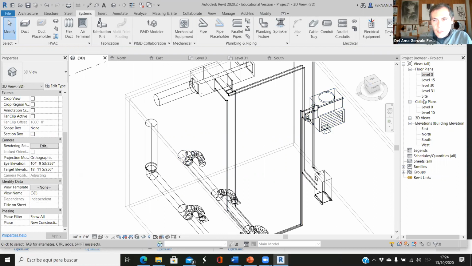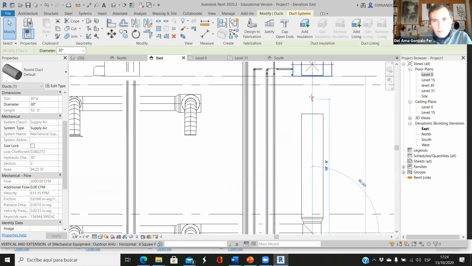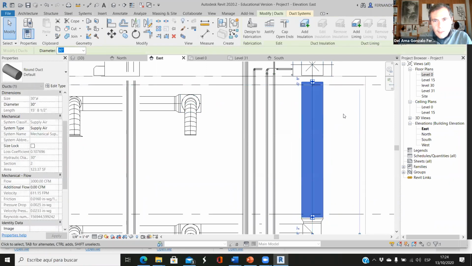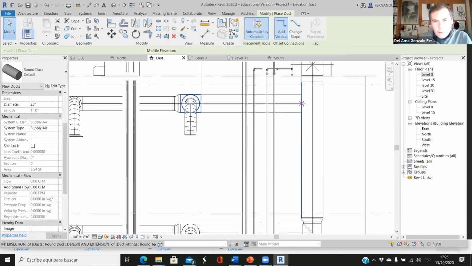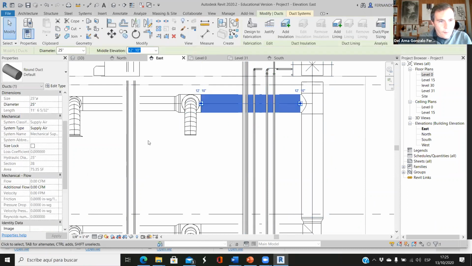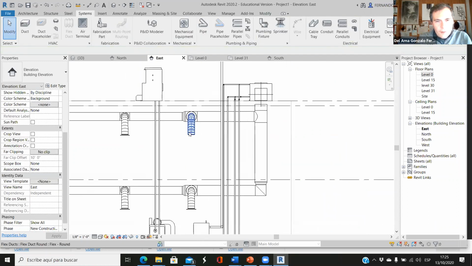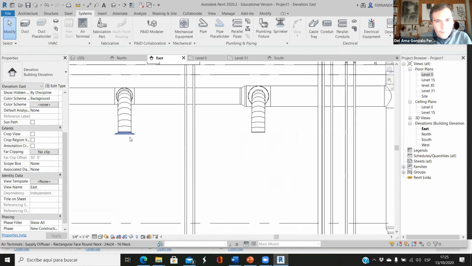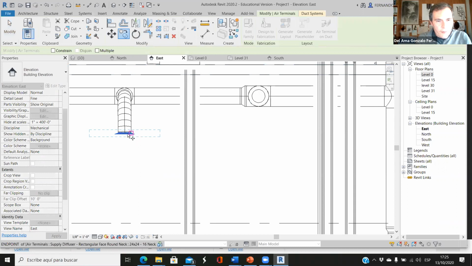So let's try to work with the east elevation. Move it up. From this one, I draw a duct. And now the duct here. Oh, it's 0. Oh, now I see. Because there is no diffuser there. So I'm copying this diffuser.